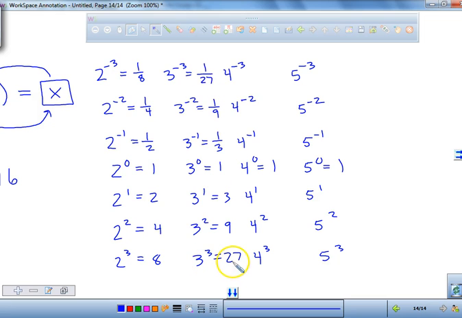So if 3 cubed is 27, then 3 to the negative third is 1 over 27. So you can use this pattern to help you with your problems. By the way, you're going to have a quiz, and you're not going to be allowed to use your calculators. This is where this is going to come in handy, if you know yours.